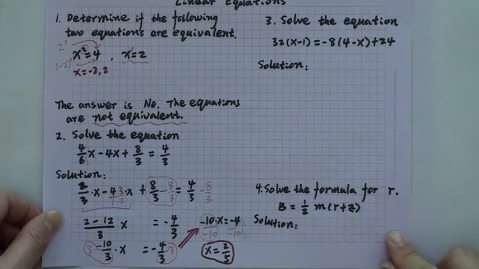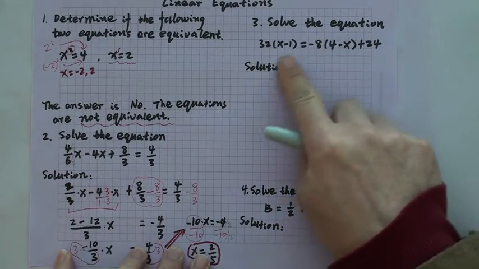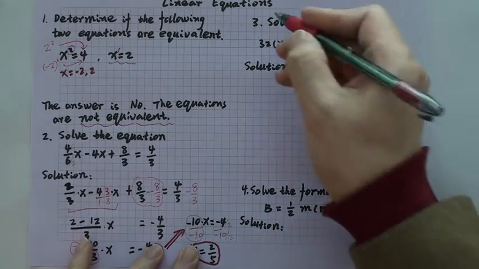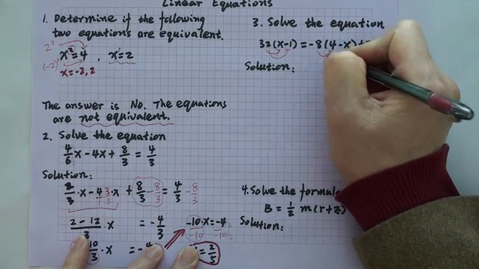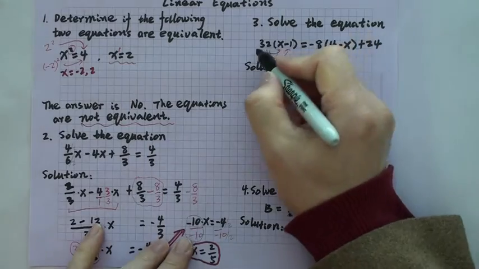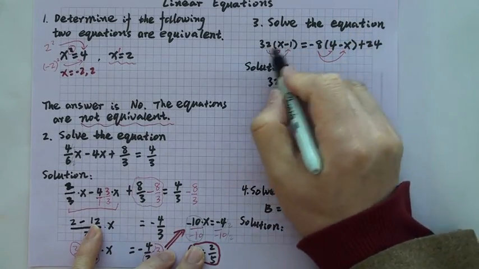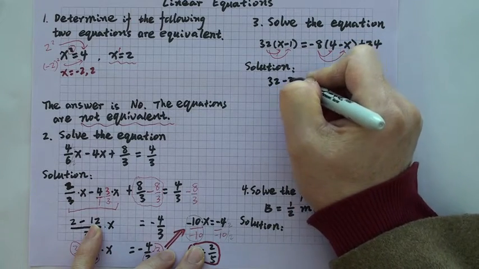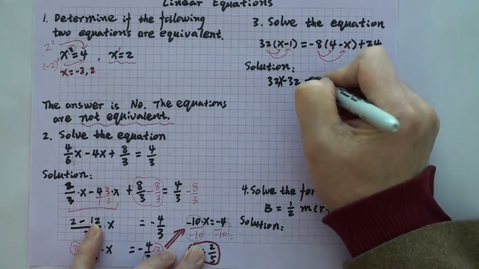Question 3 asks us to solve this equation. First you use the distributive property. Then you will have 32 times x is 32x, and 32 times negative 1 is -32. Oh, don't forget x here. By the way, the original question has an x right here.